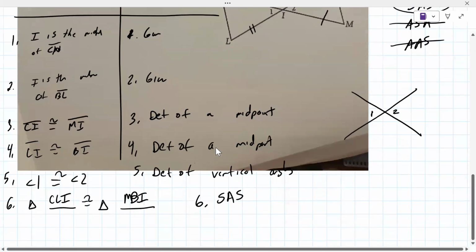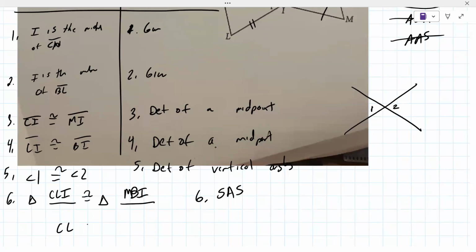So then that last step, and again, if you don't know how to do the proof or you're really struggling, you should at least put in the last step, maybe get some credit. CL to MB.